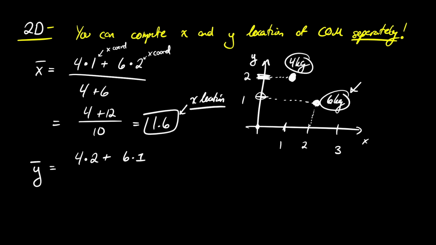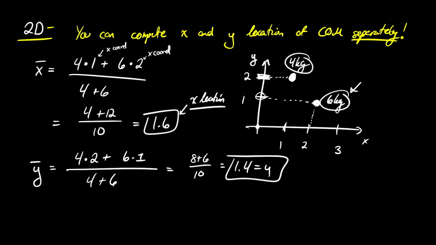And it's at y equals 1. And just like before, you're going to divide by the total mass, so 4 plus 6. Let's see, so this is 8 plus 6 over 10, which is 1.4. And again, this is the location of the center of mass vertically. So this is the y coordinate of the center of mass.